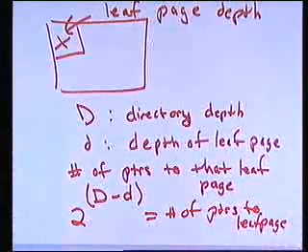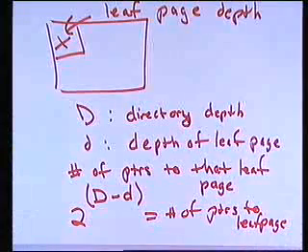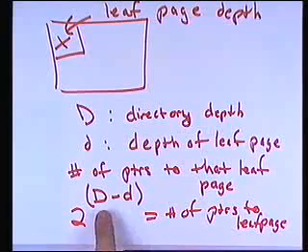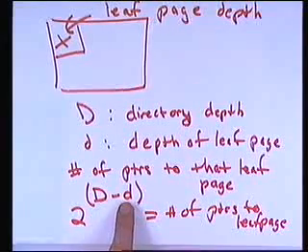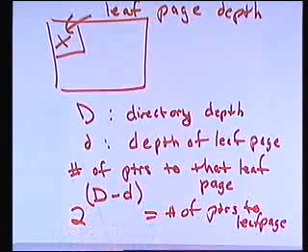Two to the table depth minus leaf page depth gives you the number of pointers to the leaf page. That's how many you're told to look at. That's how many you really need in this particular leaf page. The difference is sort of the wasted bits. How many combinations of wasted bits are there? 2 to that number. And every combination has its own pointer to that node.